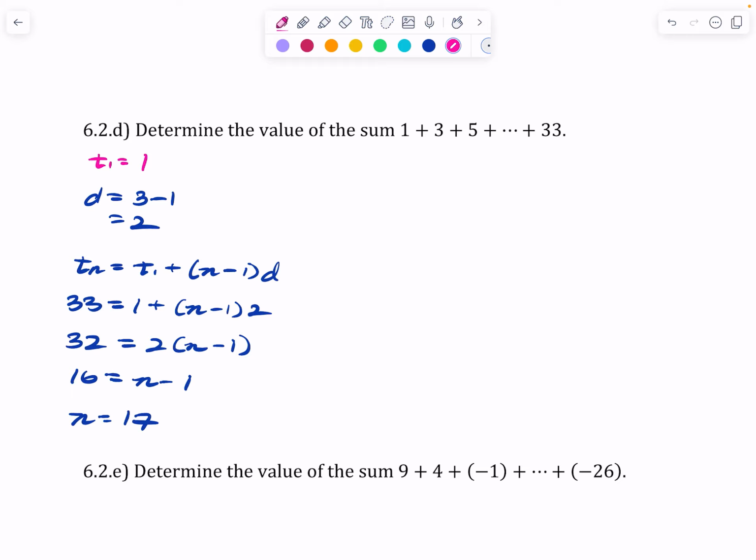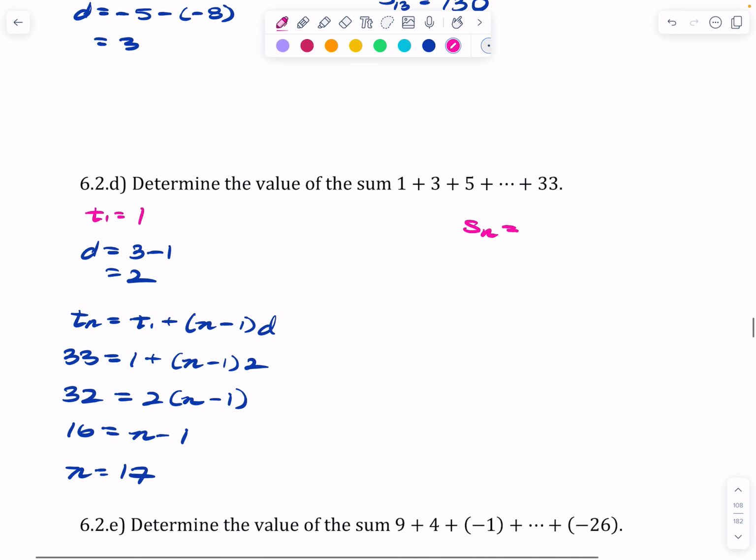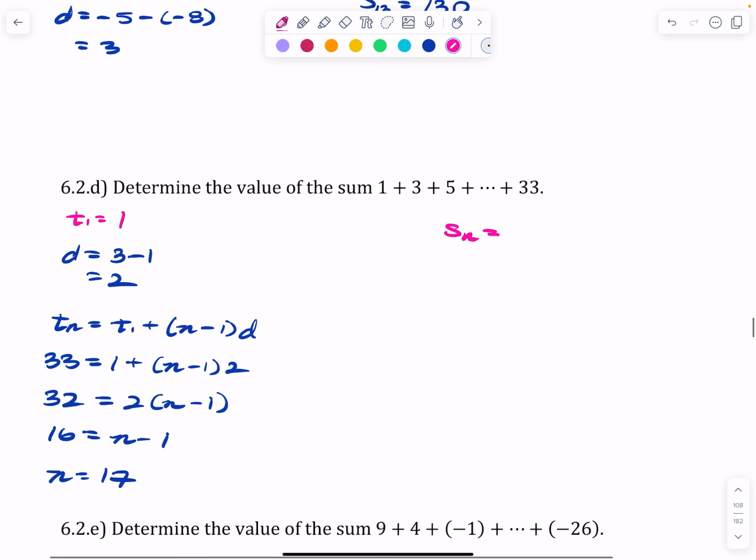So subbing into a formula. I could use pretty much any of them now, but the most efficient one for me to use right here is this one. And that's because there's way fewer pieces in this whole puzzle.